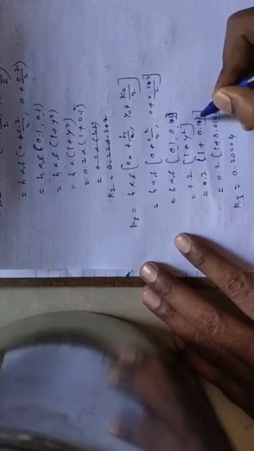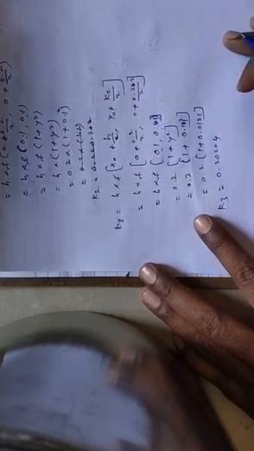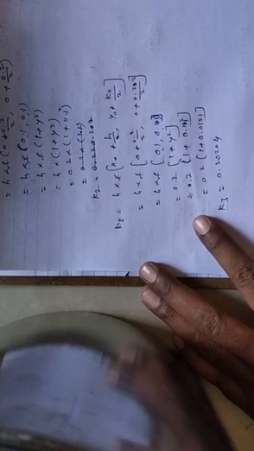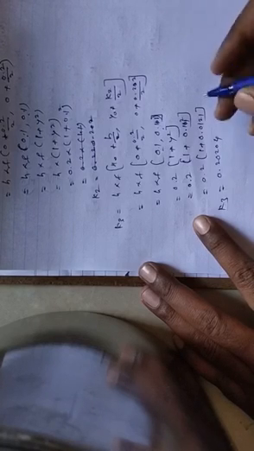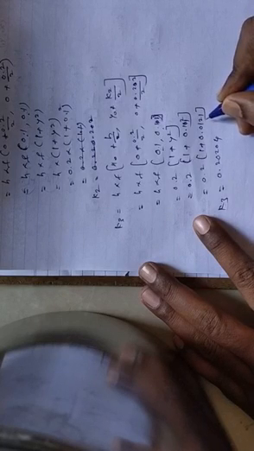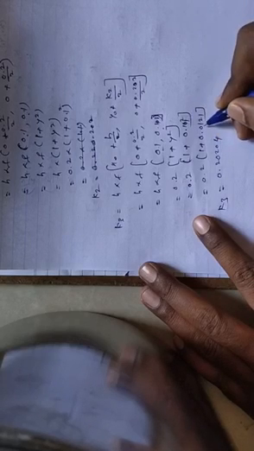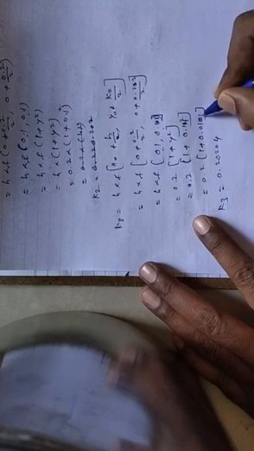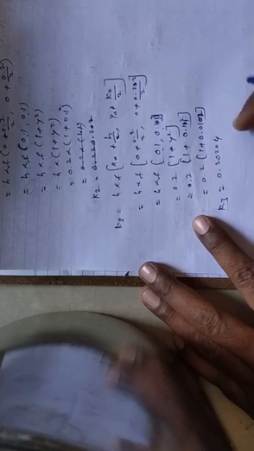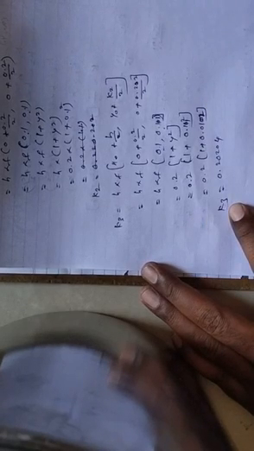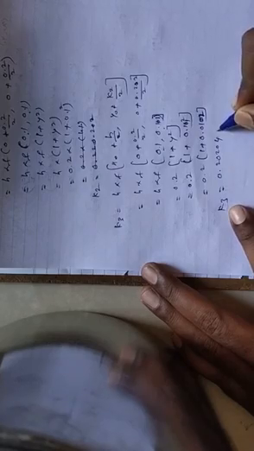Here you want 0.101 square. If you square 0.101, you will get 0.010201. And you calculate now: this is 1 plus 0.0102, into 0.2. You will get 0.20204. Now it is correct.